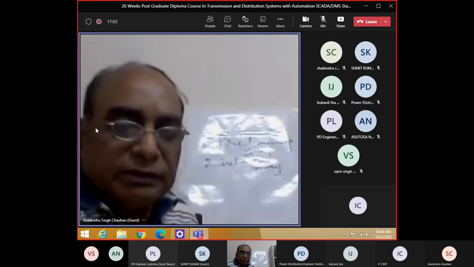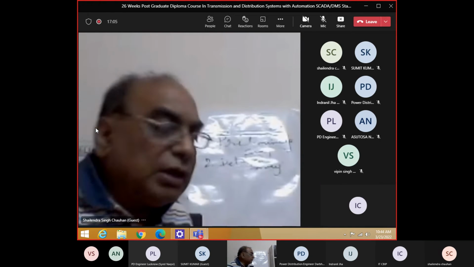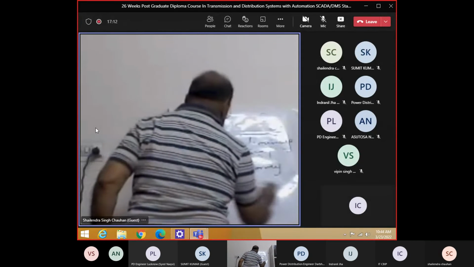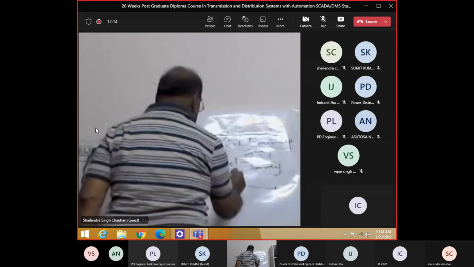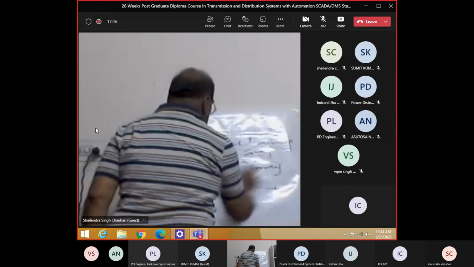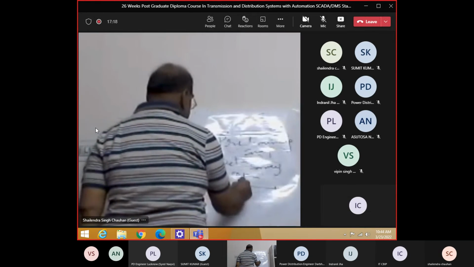Then we need teams, and we can divide the total line into parts. This is the total line, 100 kilometers, suppose. We can divide it into sections.